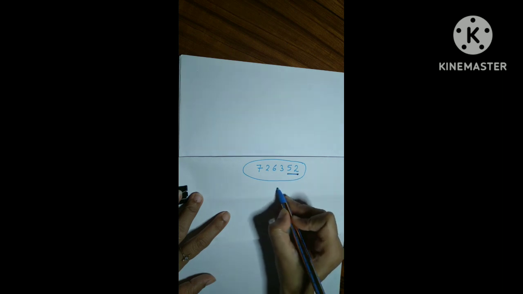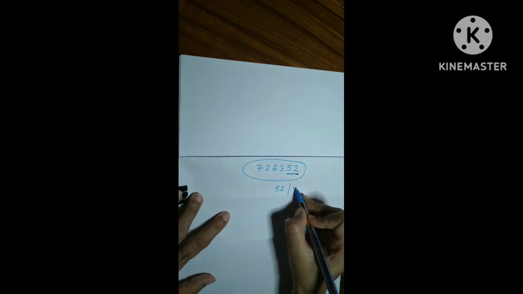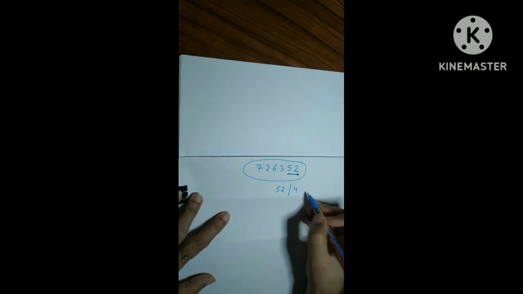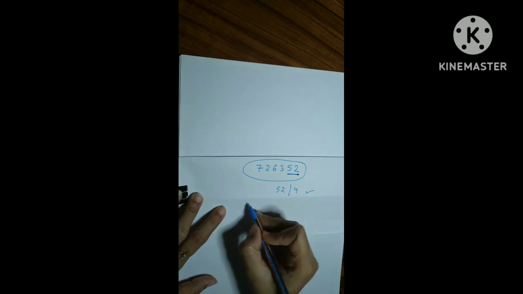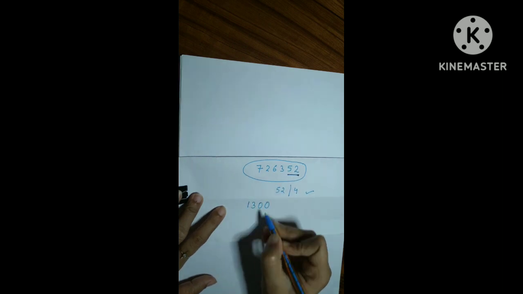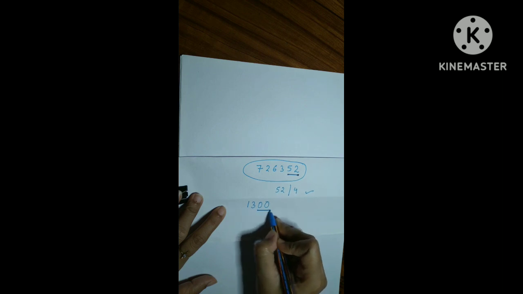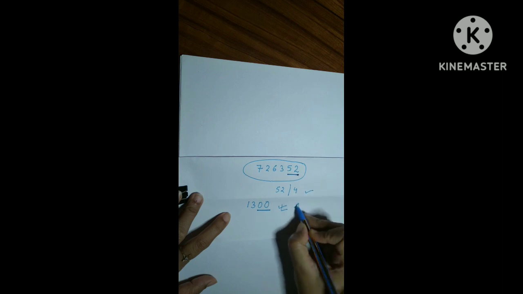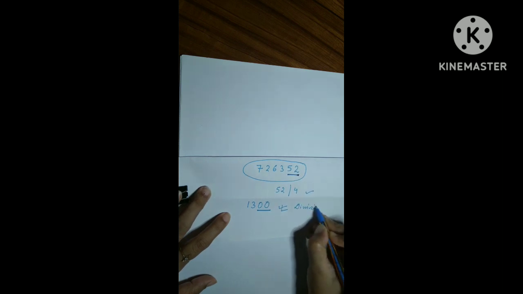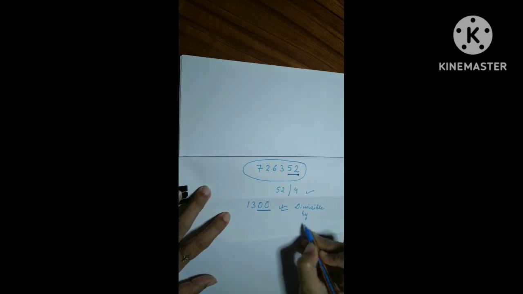If the last two digits are divisible by 4, is 52 divisible by 4? Yes, it is. So this number will be divisible by 4. Also, if the last two digits are zeros, like in this example, 2 zeros, this number will also be divisible by 4.